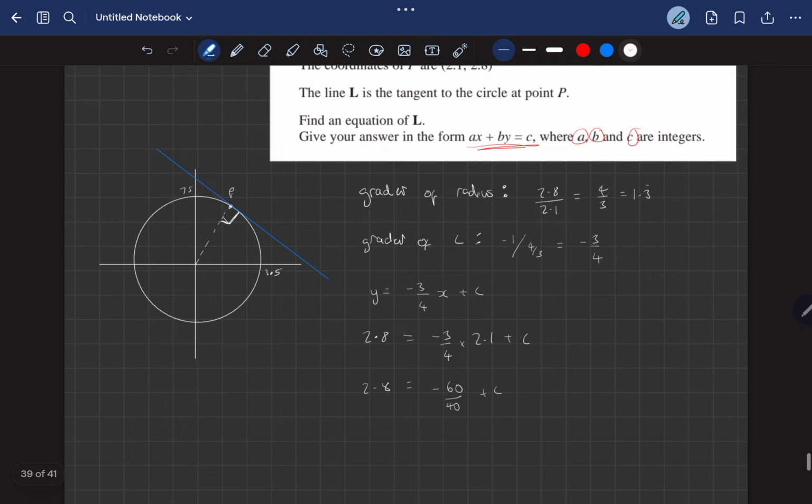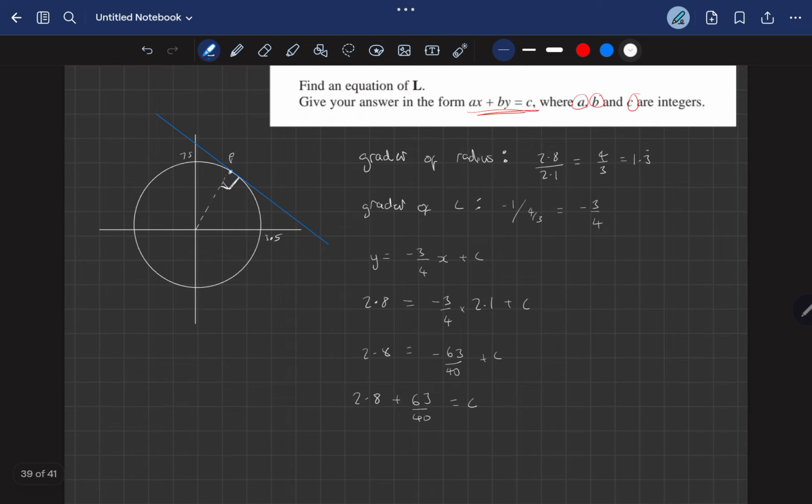Now I could do 2.8, sorry, -63 over 40 plus c. I could do 2.8 plus 63 over 40. So I'm adding the 63 over 40 to both sides, and this is equal to c. And this is equal to 4.375.